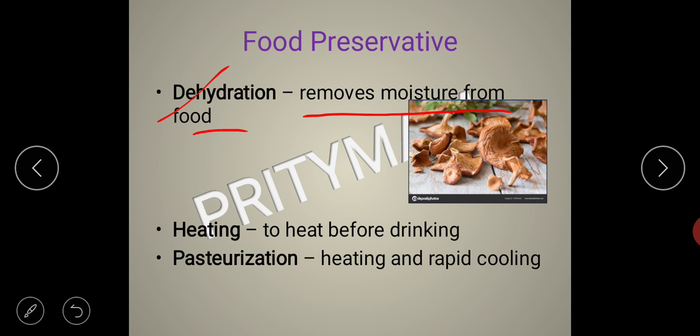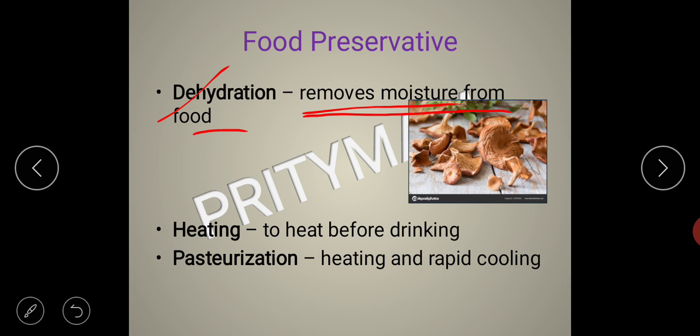Dehydration is one of the oldest methods of food preservation. It removes the moisture from the food and so it stops the microbes from growing on it. Dehydration also decreases the weight of the food, so it becomes easy to store and to transport.